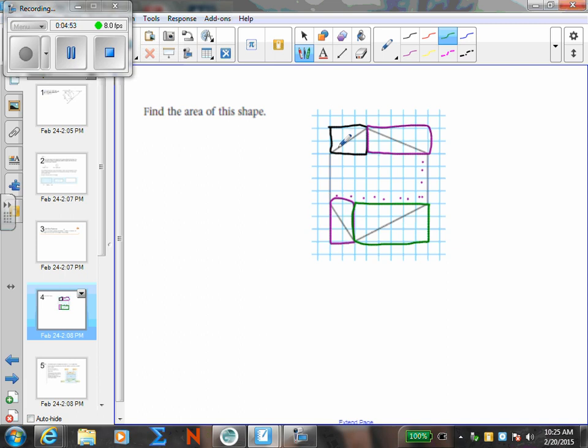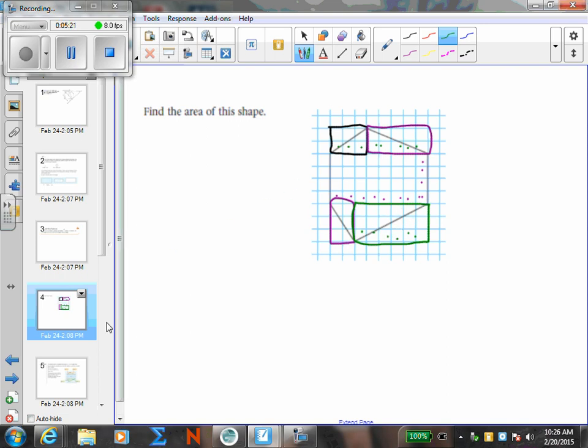So I just need to count the base times the height and then calculate the area. So this one, top left here, is 1, 2, 3 times 2. So the whole thing would be 6. We only want half. Over here we have 1, 2, 3, 4, 5 times 2. So that's 10. We only want half. We've already done the center, which is 32. Again, 2 times 3 here, bottom left. And 1, 2, 3, 4, 5, 6 times 3 for 18, bottom right.